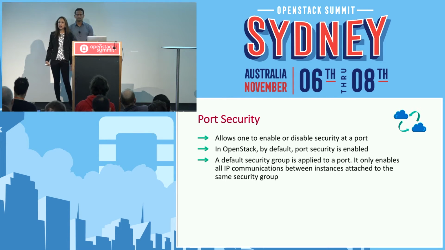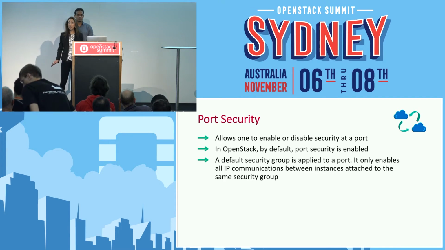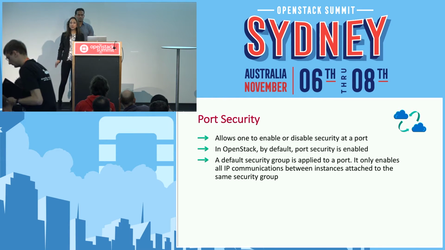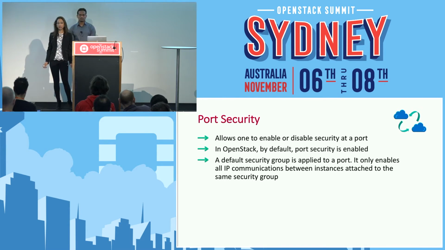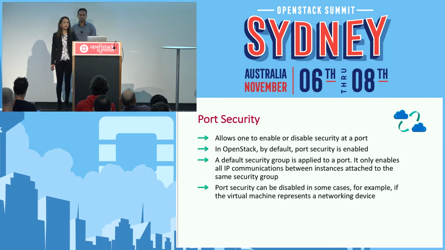When initially a default security group is applied to a port, it only enables all IP communication between instances that are attached to the very same security group. Port security can be disabled in some cases. For example, if the port you're talking about is nothing but a virtual machine which represents a networking device.